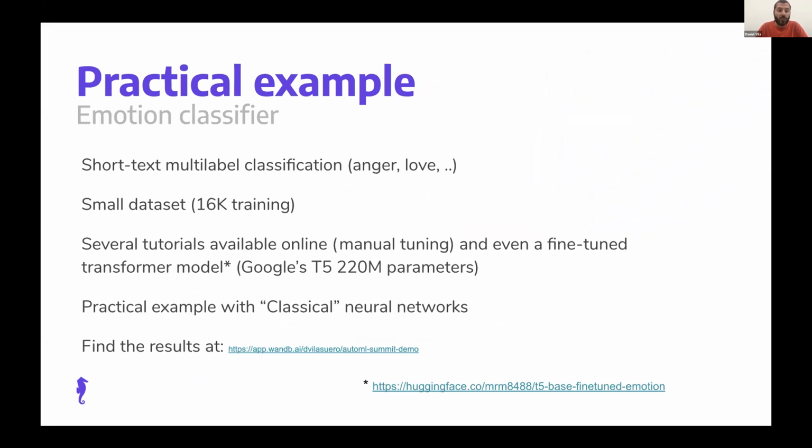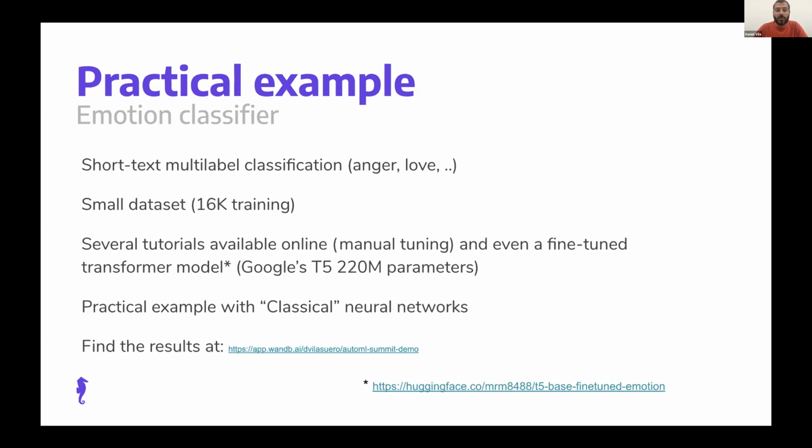So I will try to show you how to go from training a baseline to grid search to random search and so on. And for this, we will be using a data set that is not a typical NLP benchmark. It's more of a research data set, but it's been used in several tutorials lately.